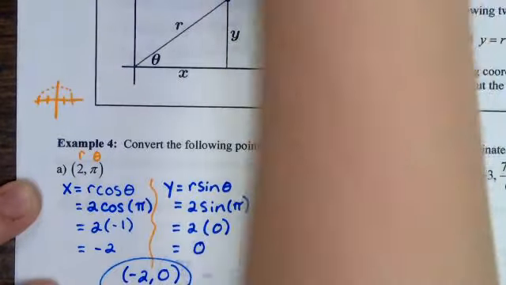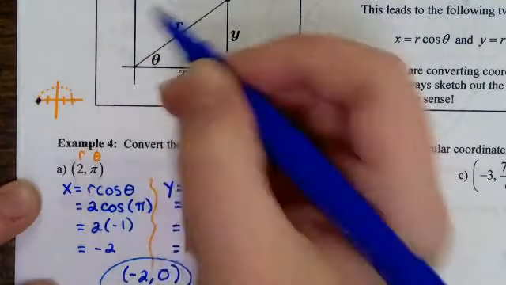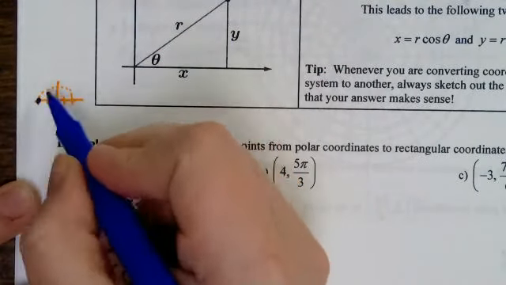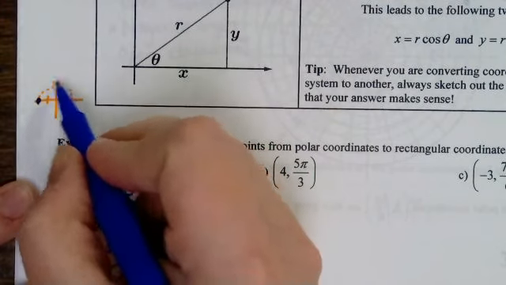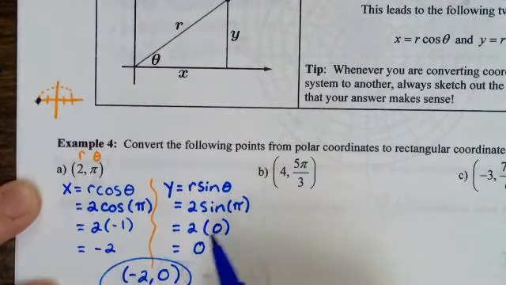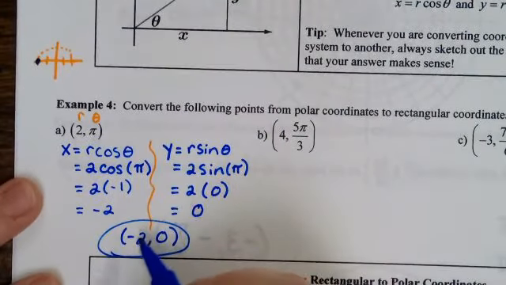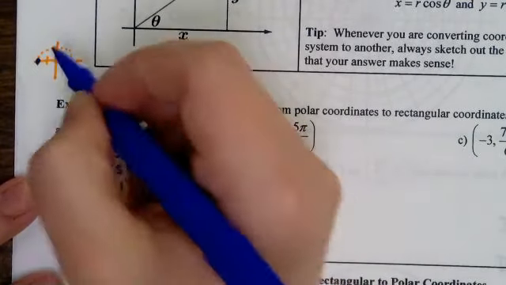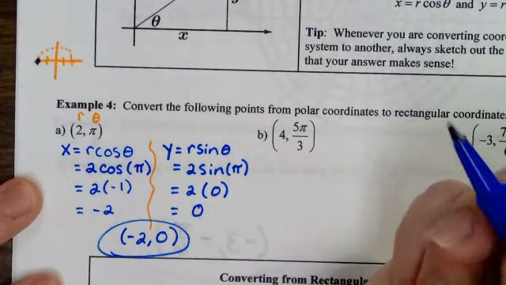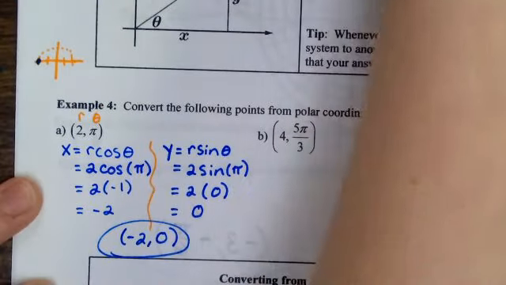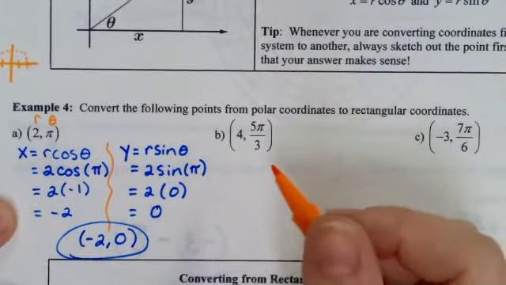And that would be where the point was. So that's kind of the system for it, right? You go out to 2 and then you go around pi. But that happens to also be the exact same point as (-2, 0) from my x and y coordinates.